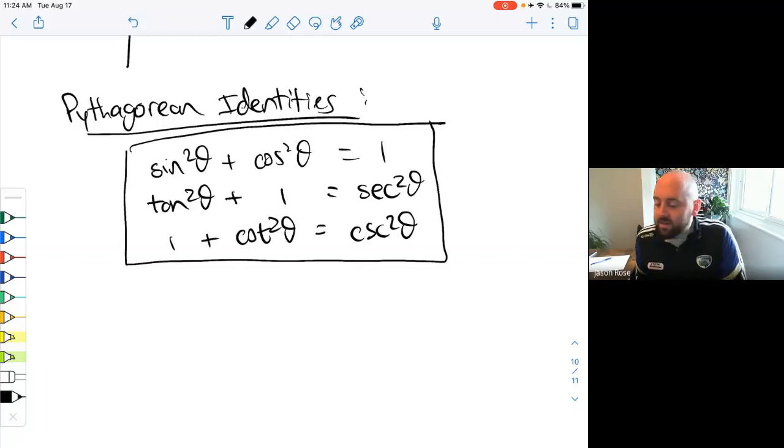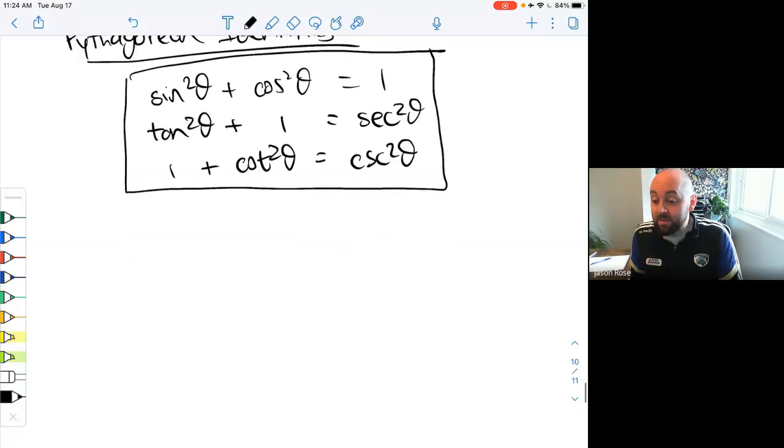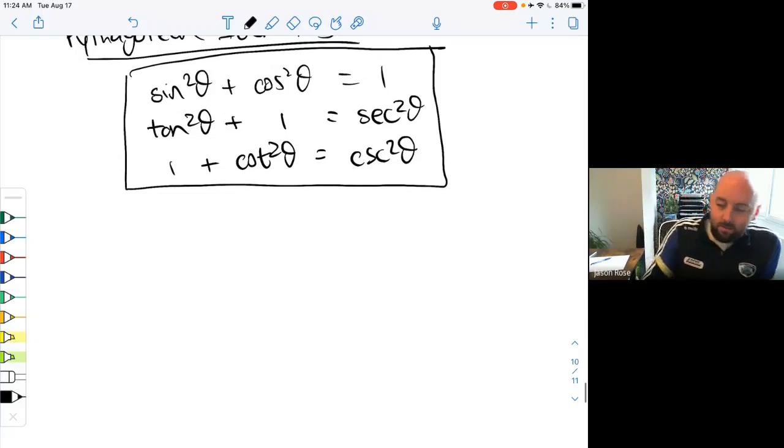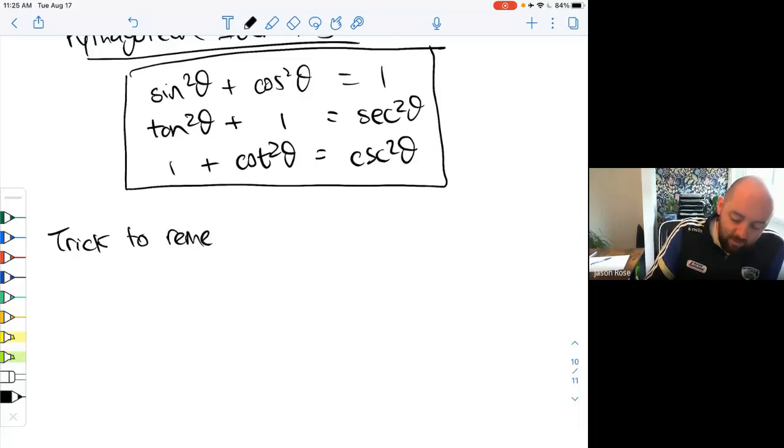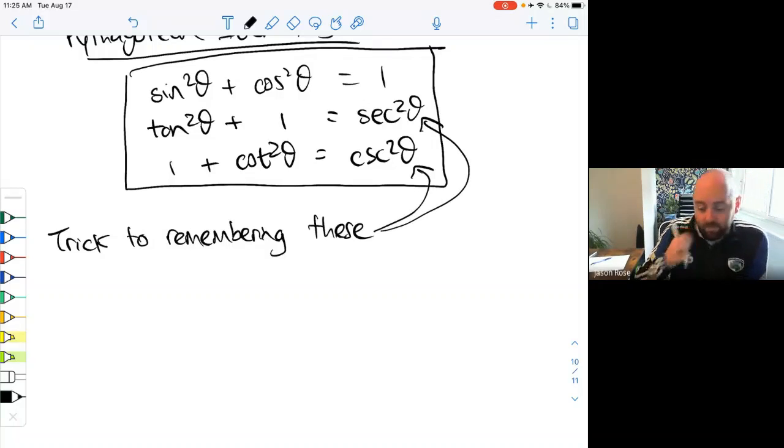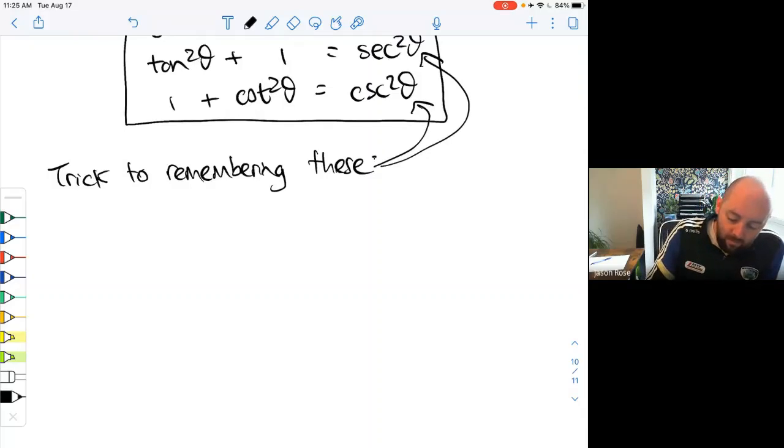So I'm just going to show you a nice little trick to never forget those again. A trick to remembering these. Start with the one that I hope everybody knows.